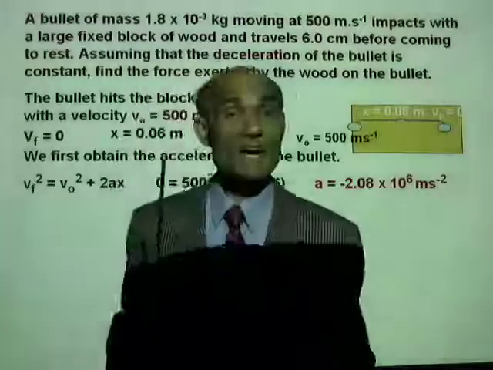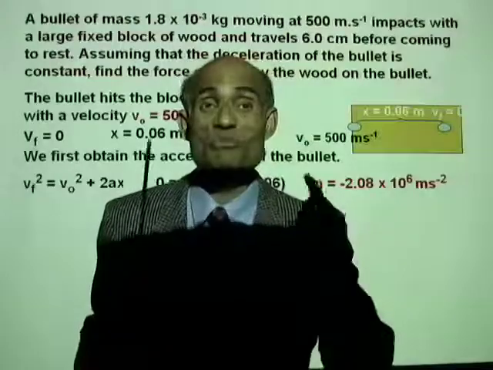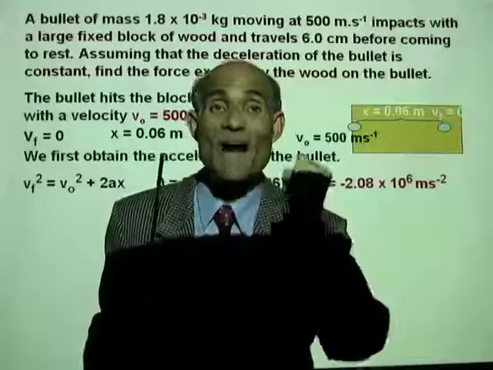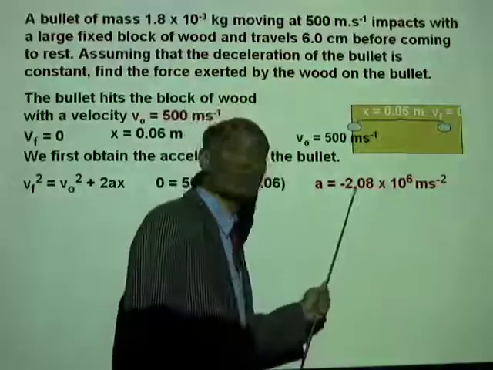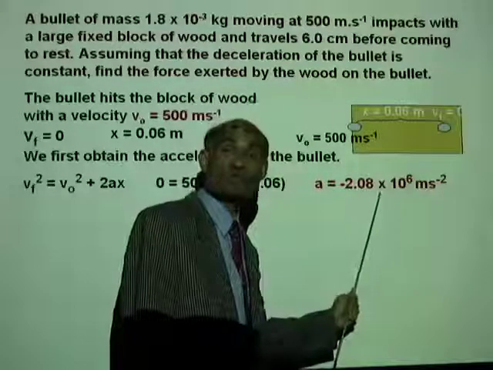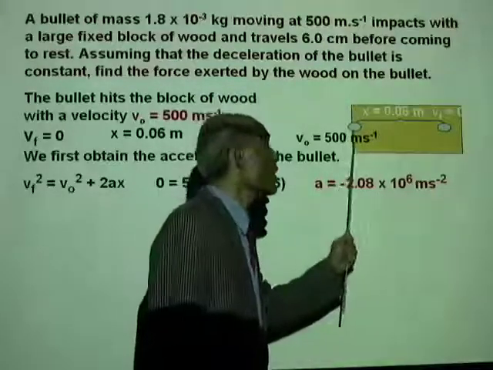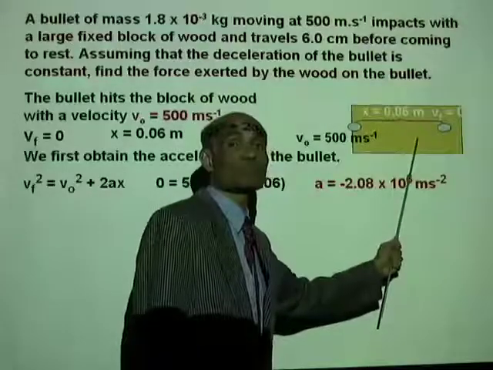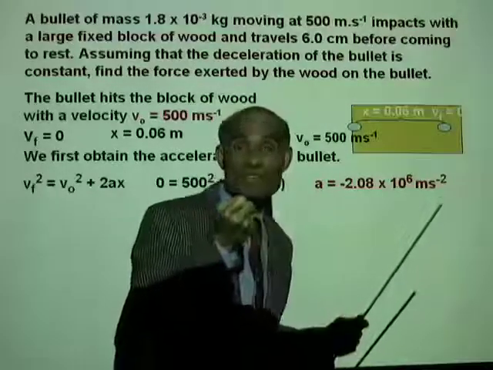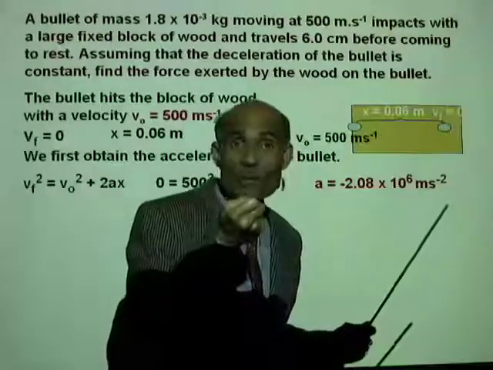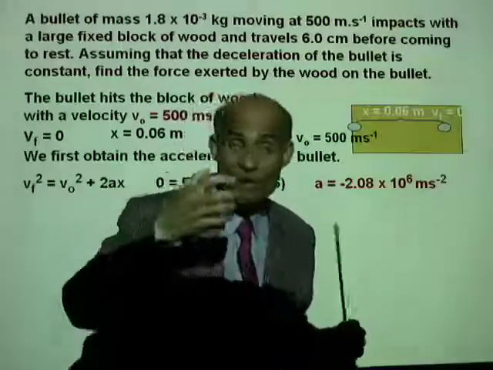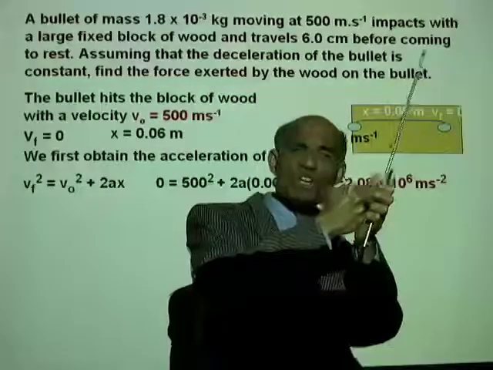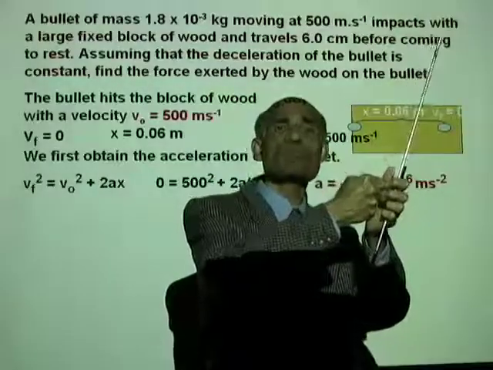Now, we know that an acceleration can be produced only by an unbalanced force. Alright, tell me, what unbalanced force is responsible for producing this acceleration on this bullet? It is the force applied by the block of wood. Is that right? The block of wood will resist the movement of the bullet through it.